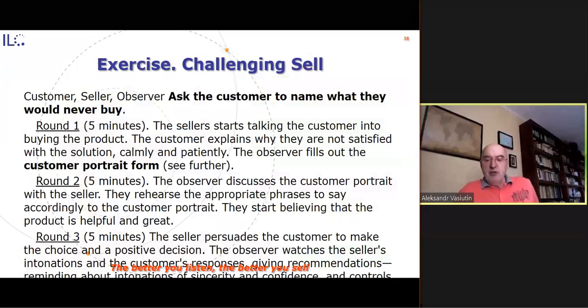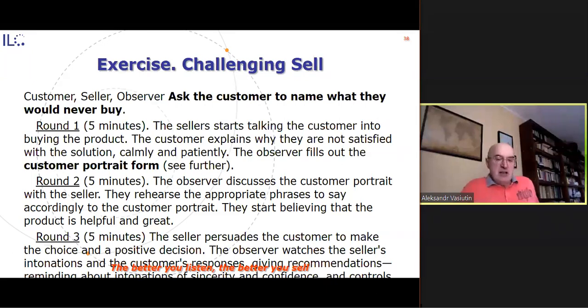We ask the customer to tell us what he will never buy, and the customer makes up something. In the first round, without preparation, the salesperson starts persuading the customer to buy it. And the customer patiently tries to explain why he doesn't need it.